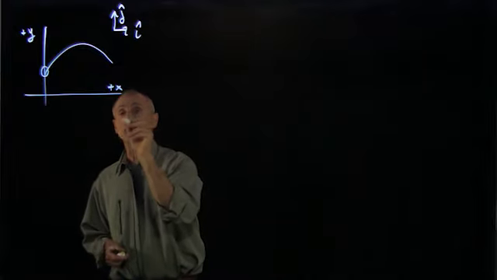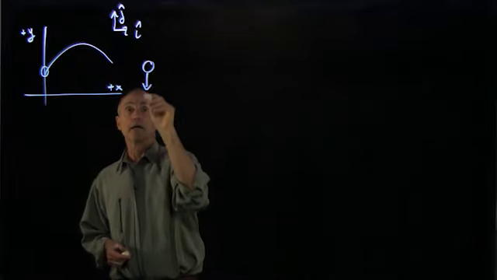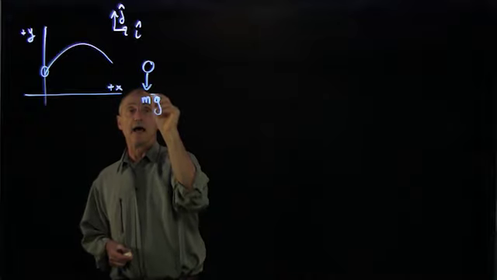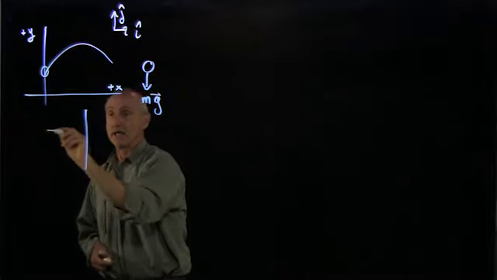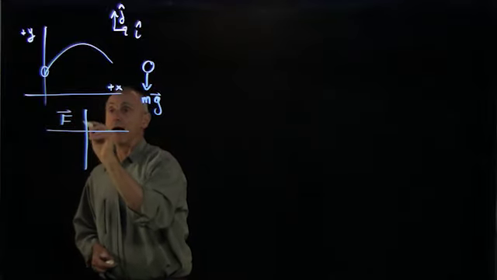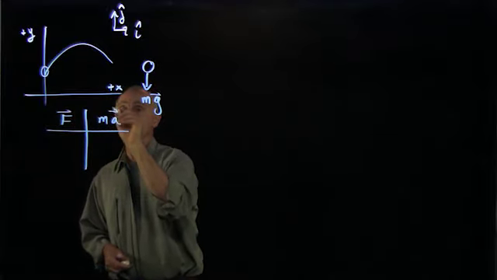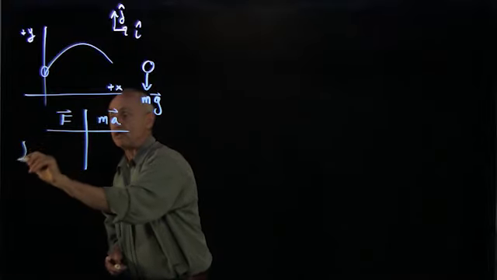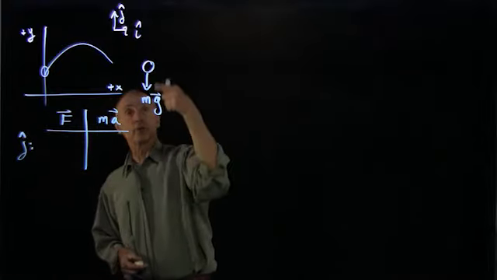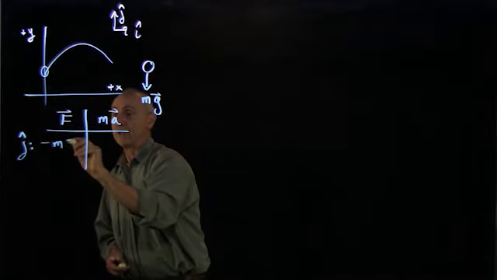So separately, we'll draw our object. It has gravitational force acting downward. Remember, our unit vector is in the j hat direction. And so when we write our equations of motion, F equals ma, we have two different directions. In the j hat direction, we have the gravitational force downward, minus mg.